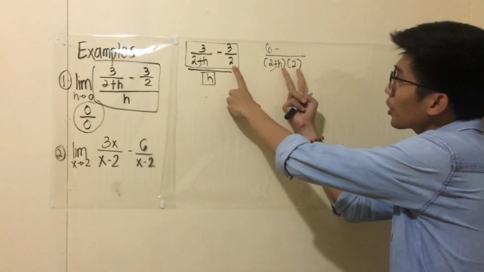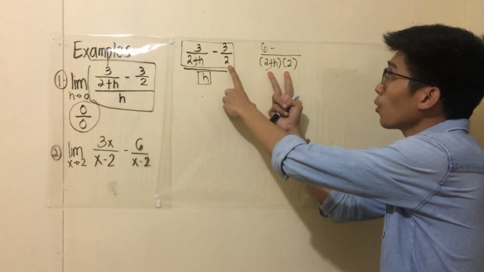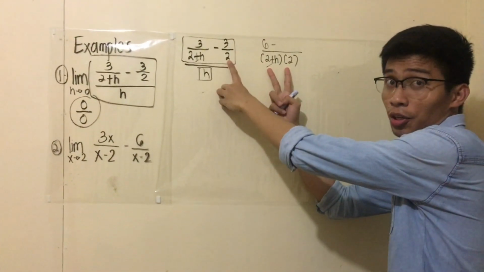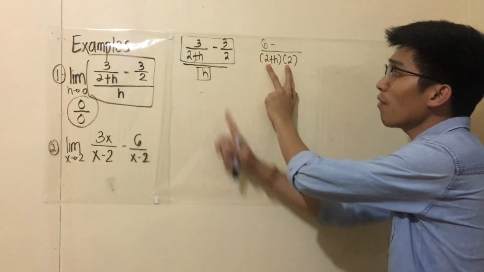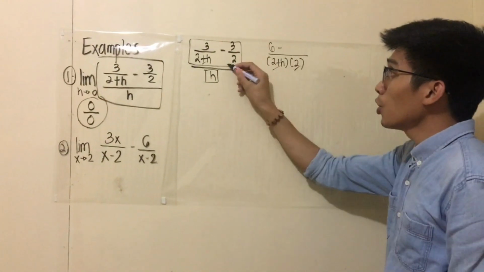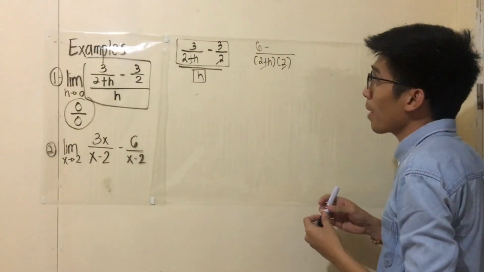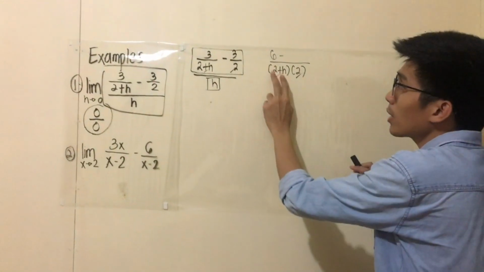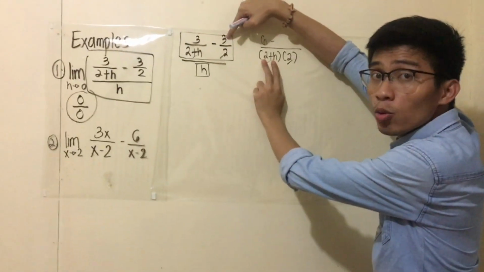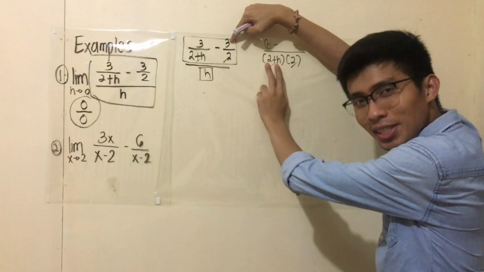Same thing. We are going to divide our LCD by the denominator of our second fraction. This one divided by 2, obviously you can cancel out 2, right? The remaining value is the 2 plus h. Afterwards, you are going to multiply that one to your numerator, which is 3.